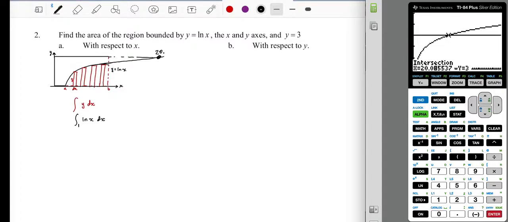That's what you would get if you took ln of x and set it equal to 3. That's the same as saying log base e of x is equal to 3, so x would be equal to e to the third.